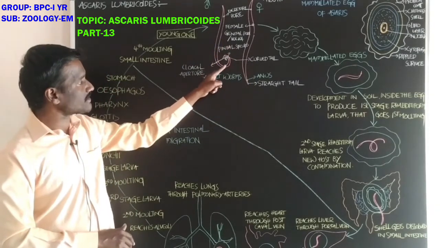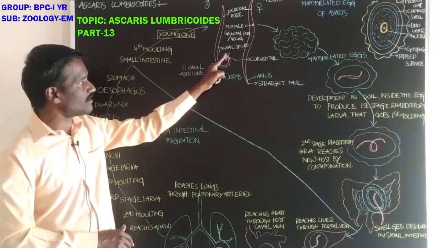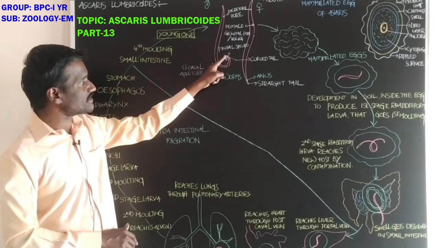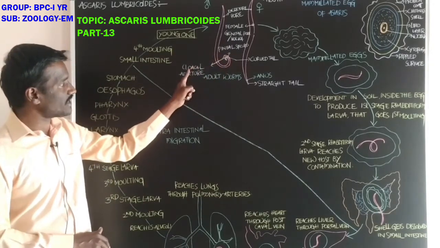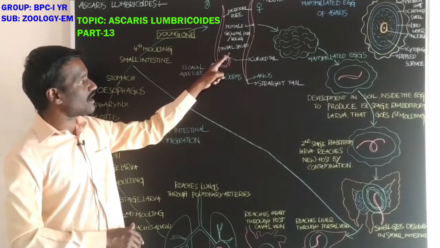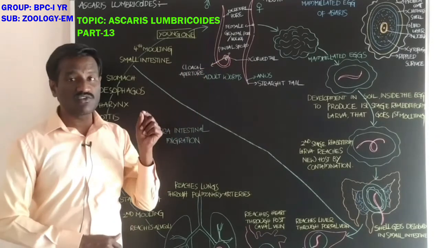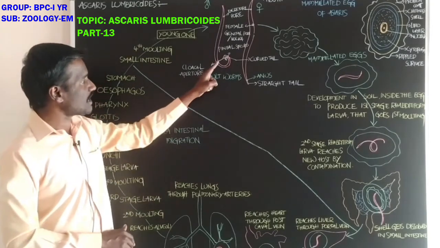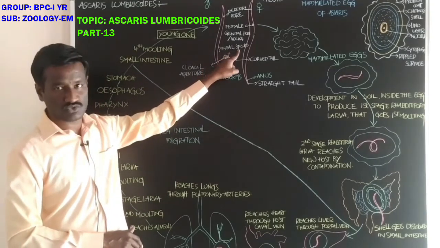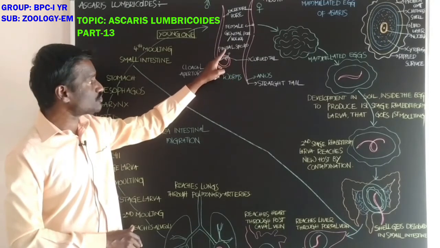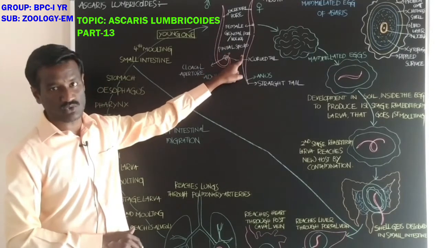The male has a curved posterior end, and at the posterior end there is an aperture, the cloacal aperture. At the region of the cloacal aperture, there are equal-sized chitinous structures. These are called penial spicules, made up of chitin, also called chitinous spicules.